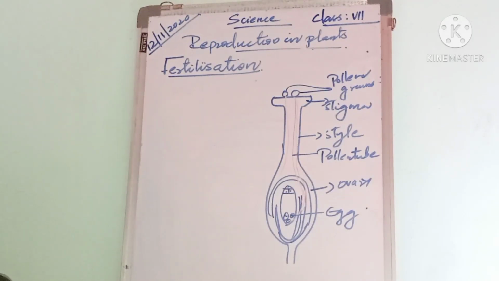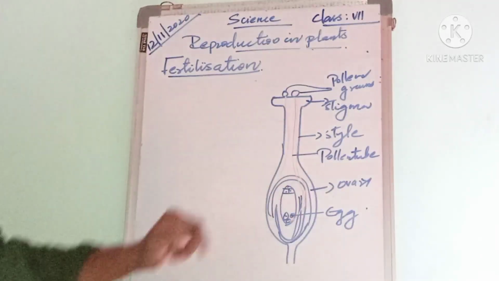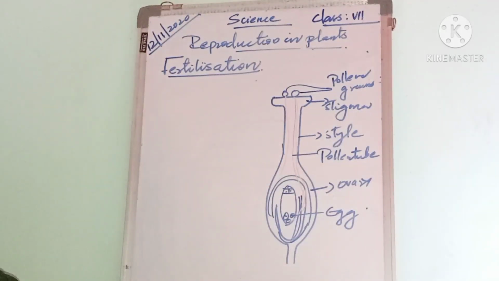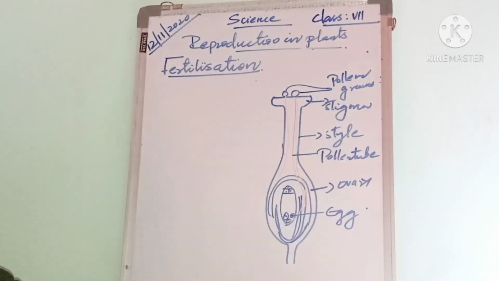The male gametes are inside the pollen tube.